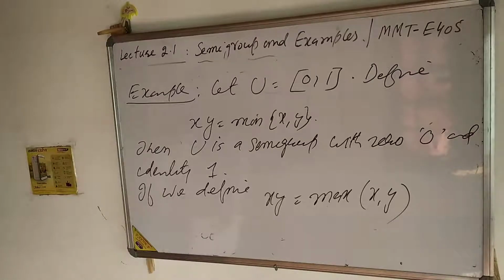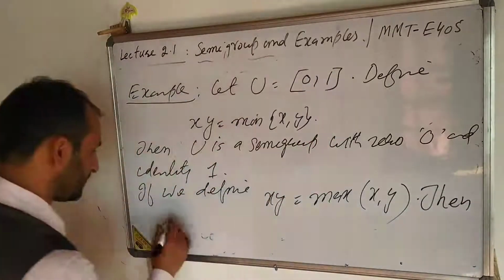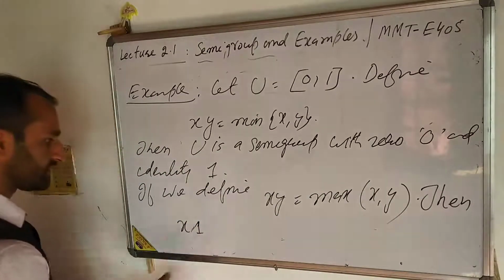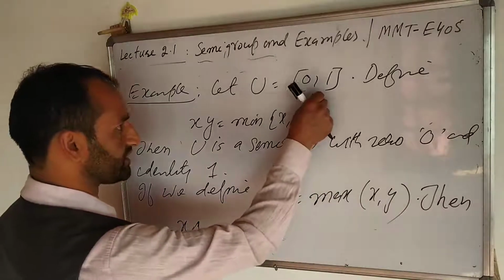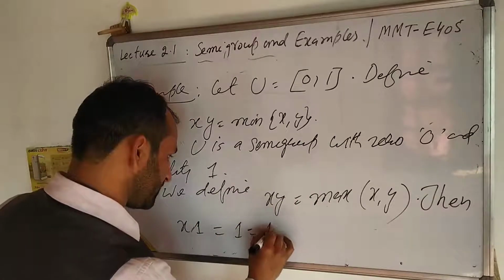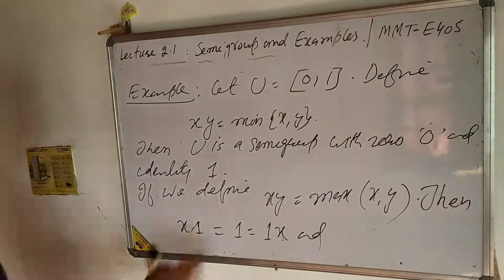Because x * 1 is the maximum of x and 1, and x lies in the interval [0, 1], so it is equal to 1, which is the same as 1 * x.